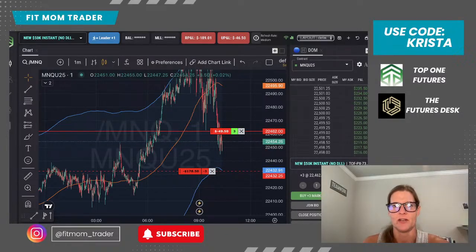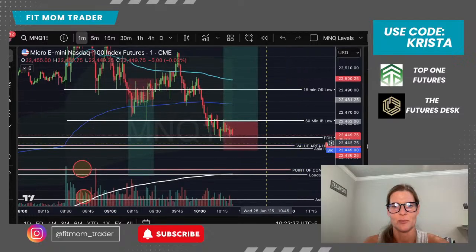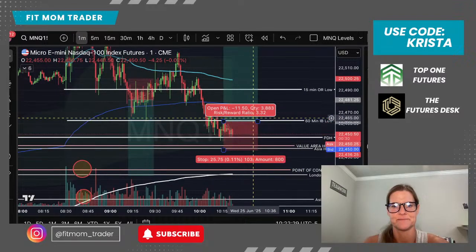Still just chopping around right there. Trading is hard. Yes, it is. I thought this was maybe establishing a little bit of a base and then move higher.